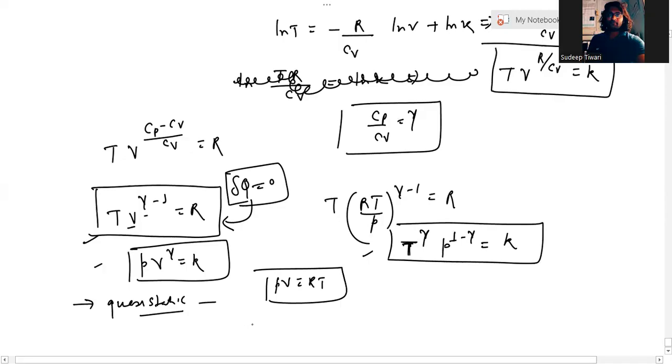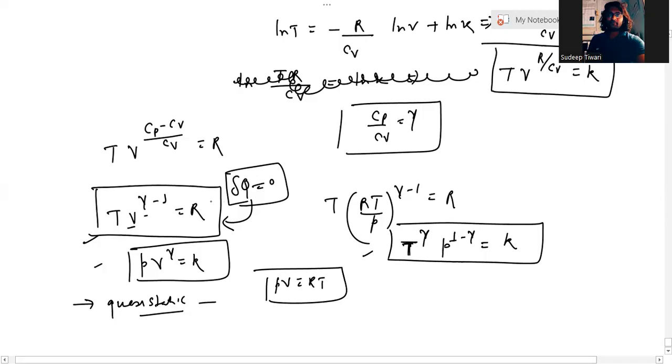And since we have used ideal gases, we have only considered that the internal energy is proportional to the temperature. So for all these things, the equation of state for an adiabatic process happens to be PV raised to power gamma is equal to K, or TV raised to power gamma minus 1 equal to K, that is, some constant.